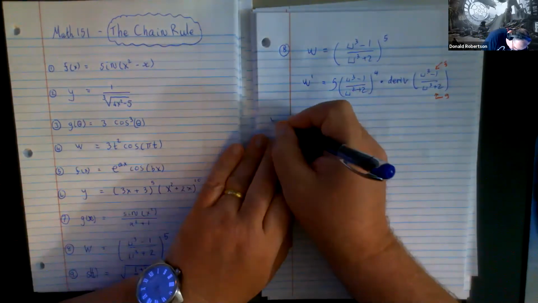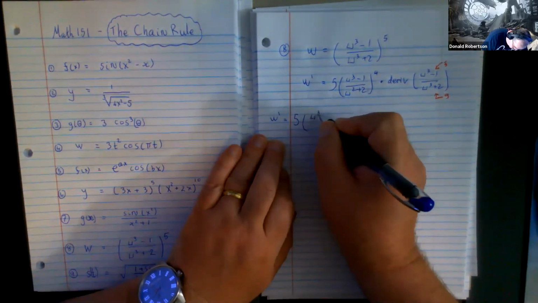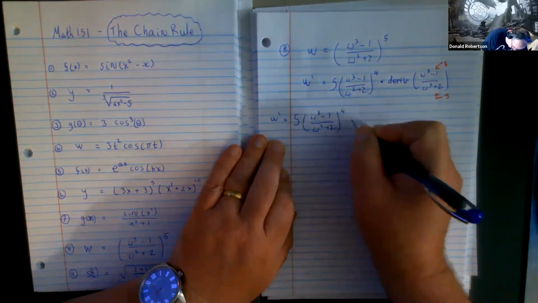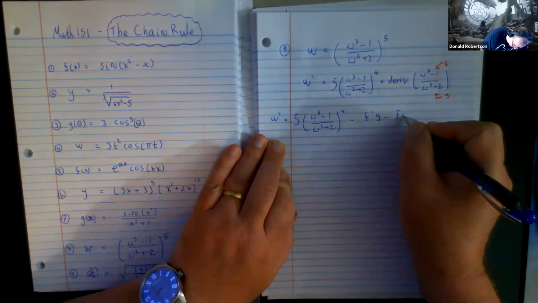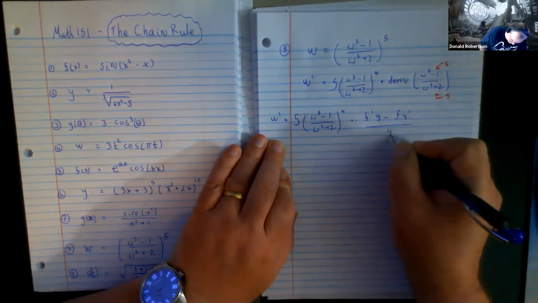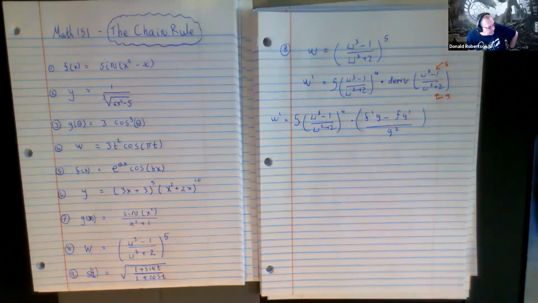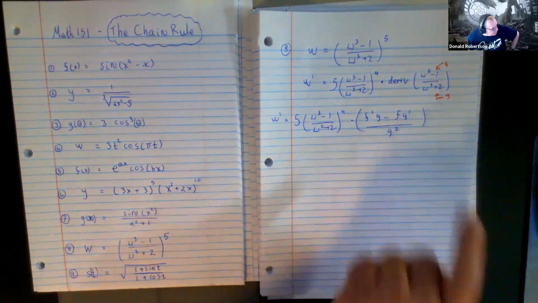So I'm going to be getting 5 lots of u cubed minus 1 over u squared plus 1, to the power of 4, times f dash g, take away f g dashed, over g squared. Are you comfortable about what I'm doing here? The order that I did it. It was a chain rule that we took care of first, and now we're about to finish off with a little quotient rule.